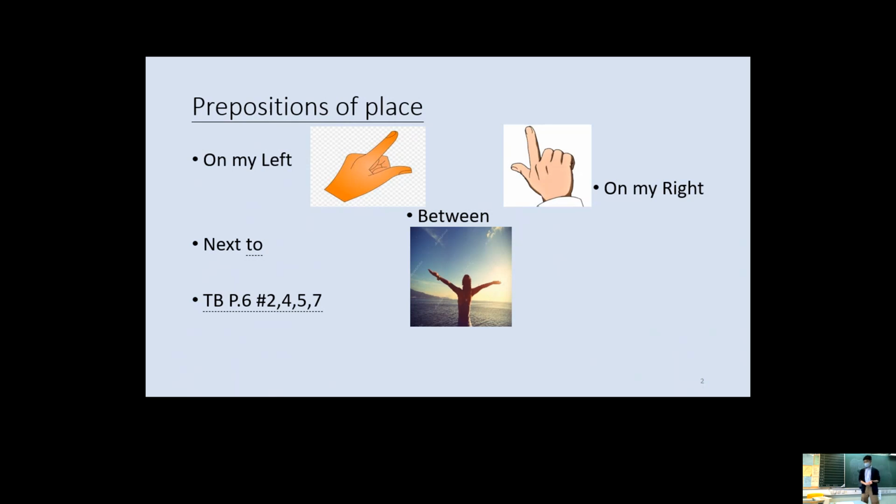Between. Number 5. Who sits next to Peggy? Next to means the name of the partner. Yes, Toto. Toto sits next to Pinky. Number 7. Who is that? Ellen. Very good. Ellen sits between Kenny and Mandy.